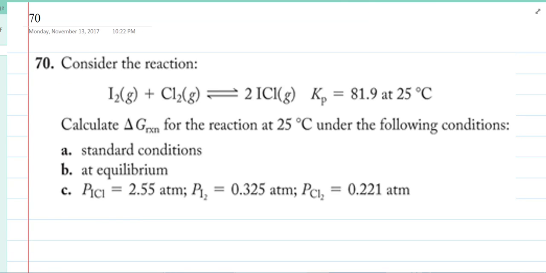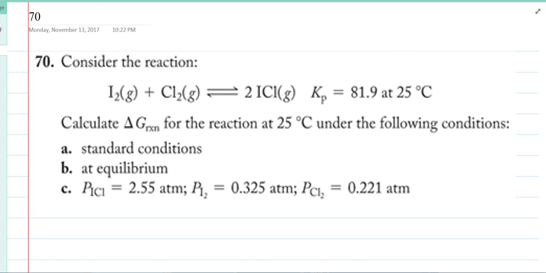Number 70. We've got a reaction, I2 and chlorine going to 2 iodine monochloride. It gives you Kp at 25 degrees Celsius. Calculate delta G for the reaction at 25 degrees Celsius under the following conditions. Standard conditions.